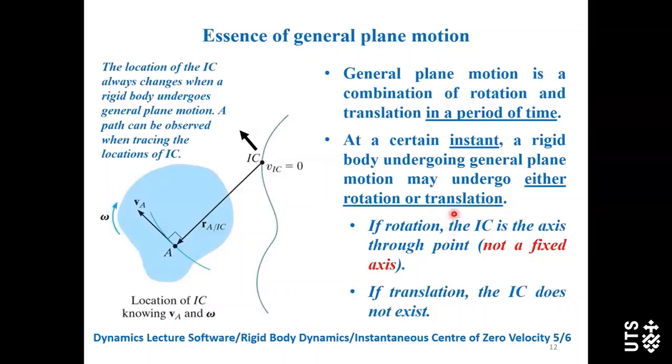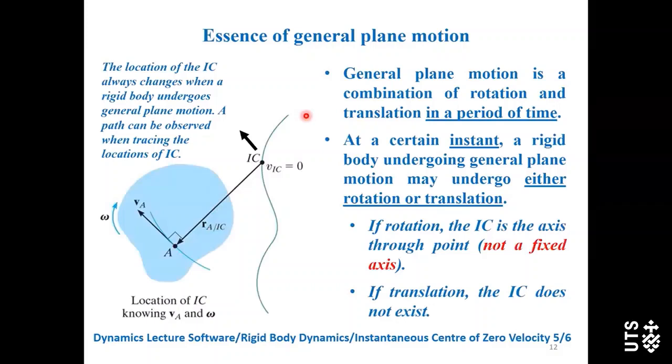If it undergoes a rotation, then the IC point will be the instantaneous axis through point. If it's a translation, then the IC point does not exist. The location of the IC point always changes when a rigid body undergoes general plane motion in a time period.